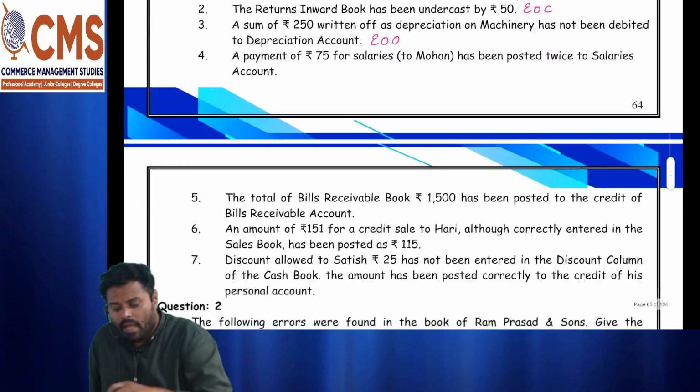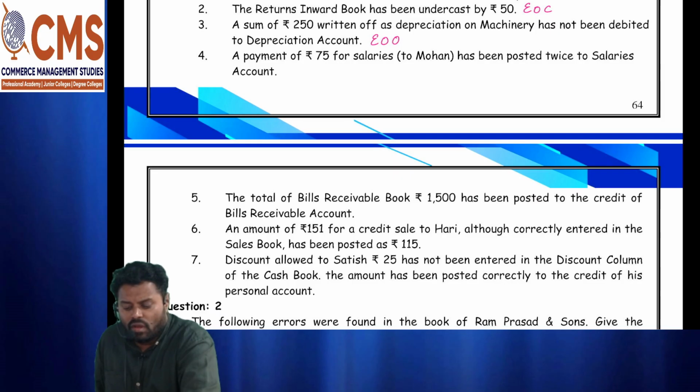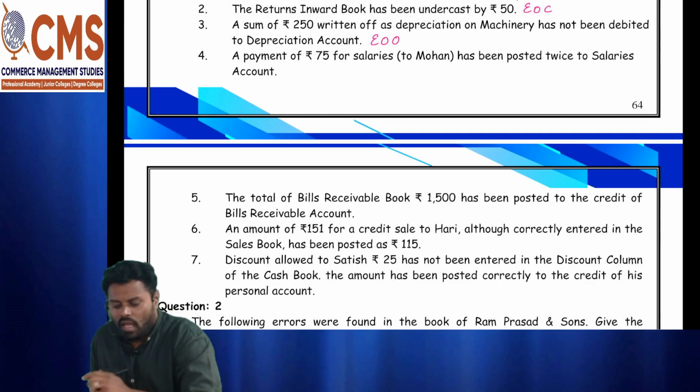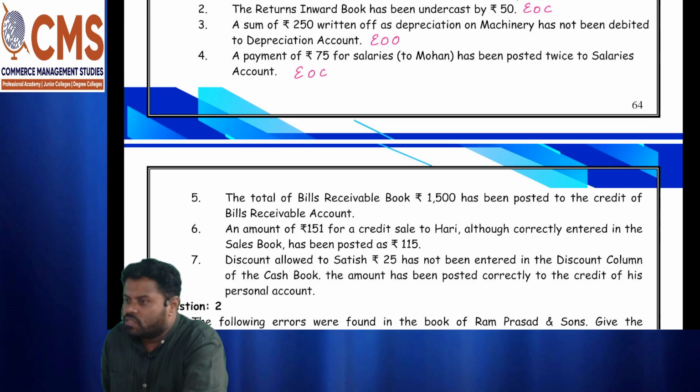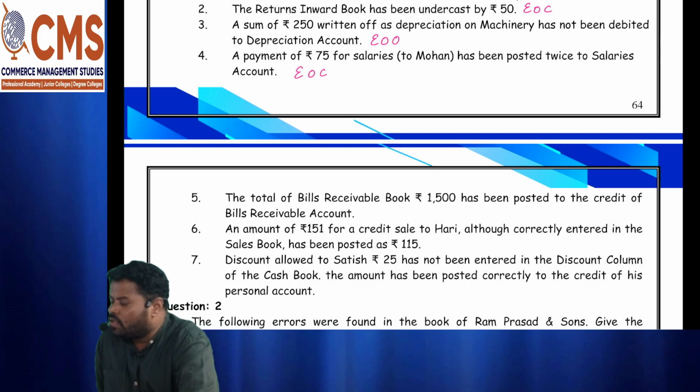Next, a payment of 75 for salaries to Mohan has been posted twice to salaries account. Error of commission. What did you do? What is the mistake that is committed?